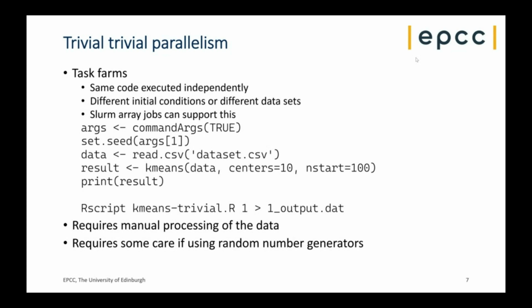So in reality, there's nothing I need to do to support that, except read the command line arguments in, take those arguments and do something with them, and then just run my code as normal. I could just do Rscript inside my batch script, the name of my R script, and pass in whatever data I want to differentiate between the different runs. This could be a Slurm job array number like we saw before, and that will trivially run this on as many workers as I want, because I just set up my batch script to do that.